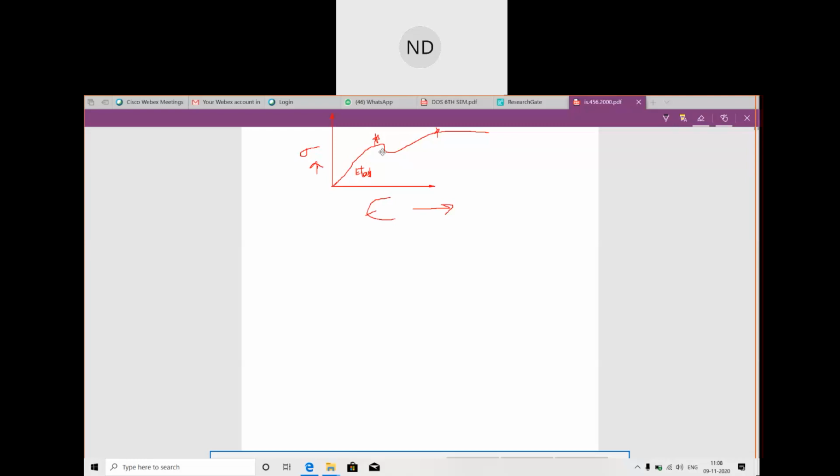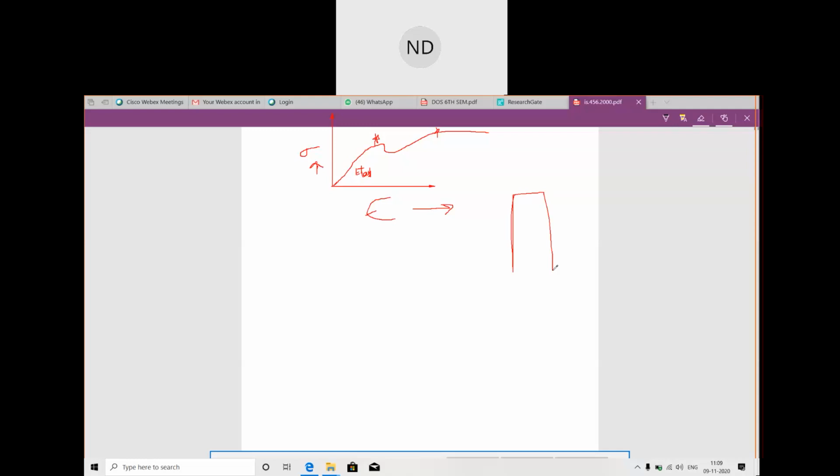And why is it so important to know plastic analysis, why are we doing that? Because in steel structure design, the main analysis of how much load a structure can carry is done by plastic analysis.